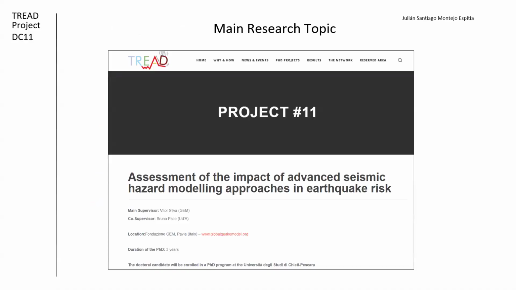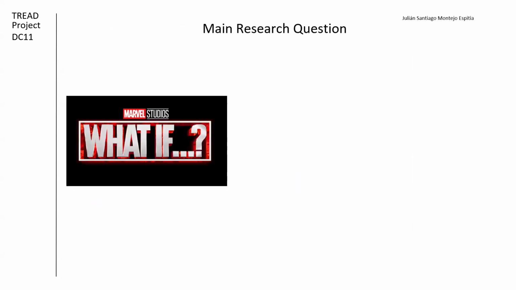So, a little bit of the work already done. I already mentioned the topic, so it is quite an open topic. I was trying to search for exactly what question I need to solve, because it's about how to test whatever you want from the hazard in the risk. So I found that my question is: what if?